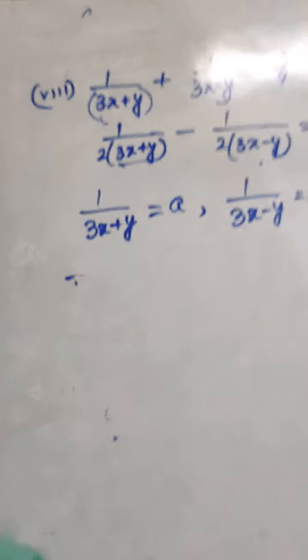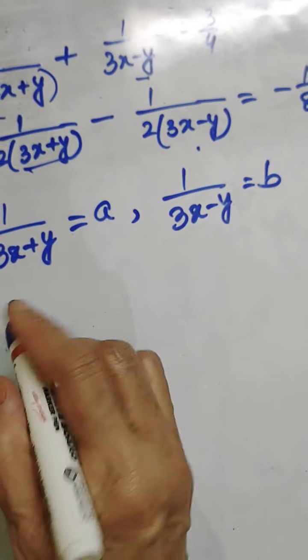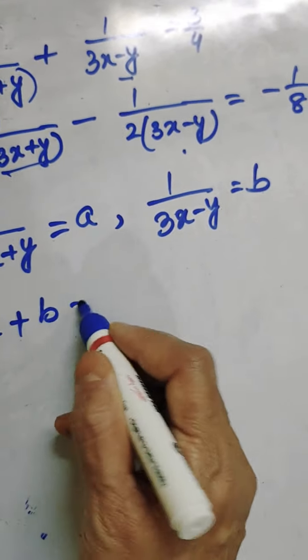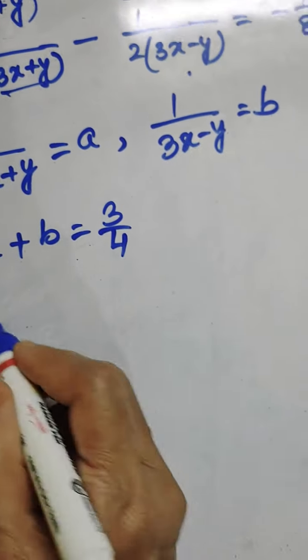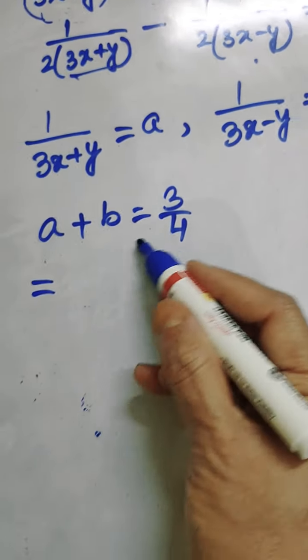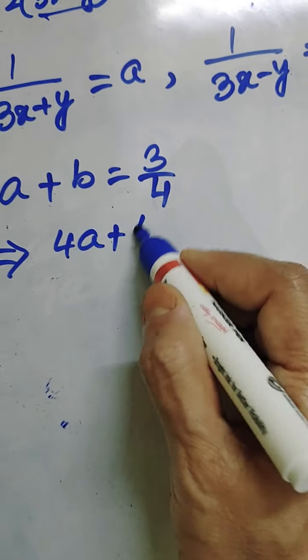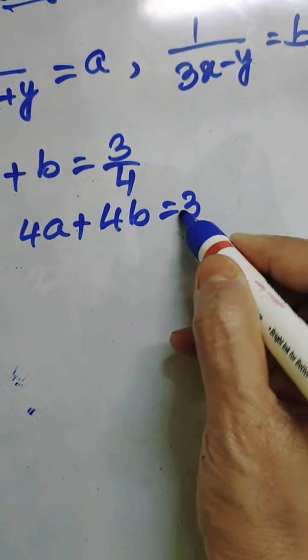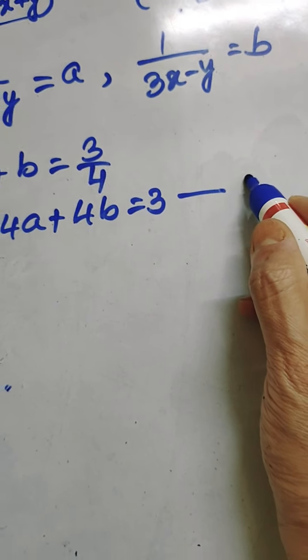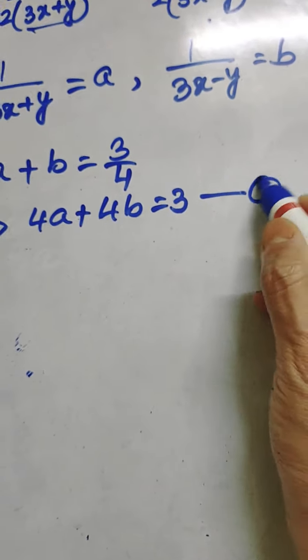Thus the equations reduce to a plus b equal to 3 by 4. Then you multiply throughout by 4, that gives you 4a plus 4b equal to 3. You write your equation 1.